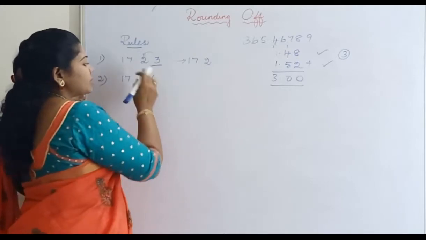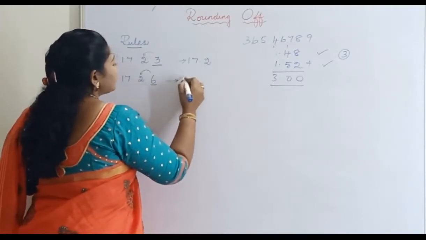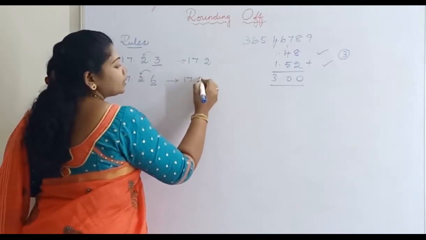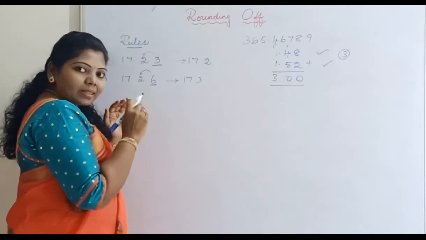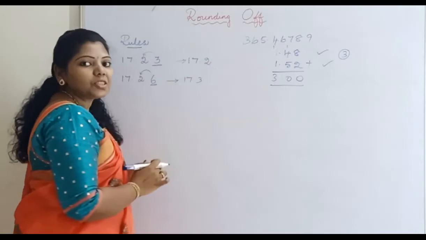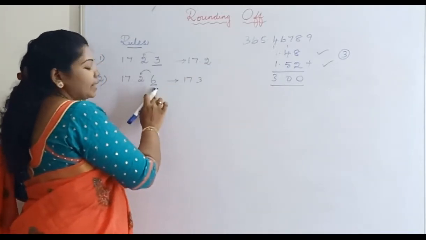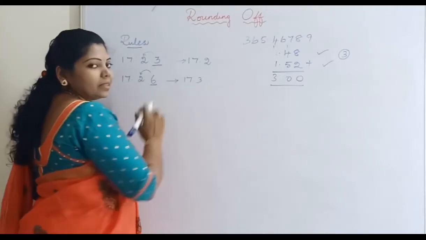So how can we round off this? 17.3. If it is less than 5, it is written unchanged. If it is greater than 5, 1 is added to the preceding digit.